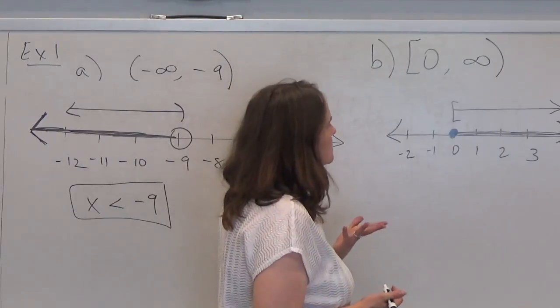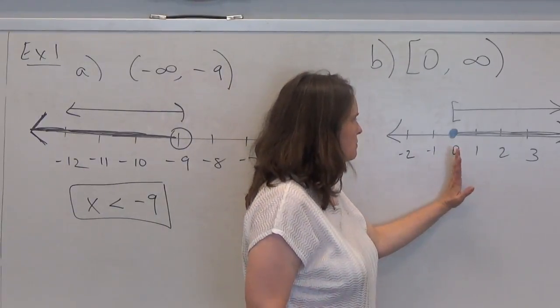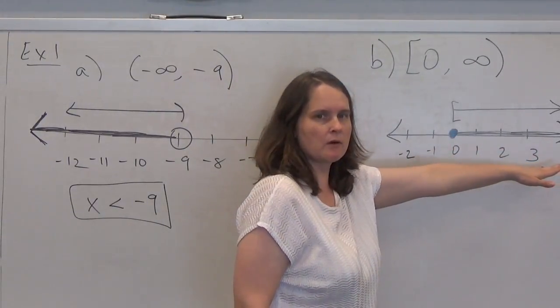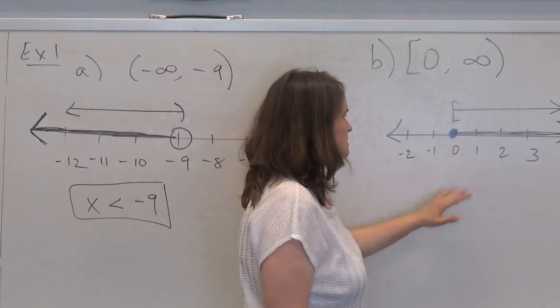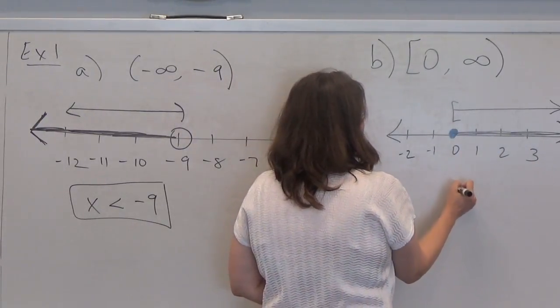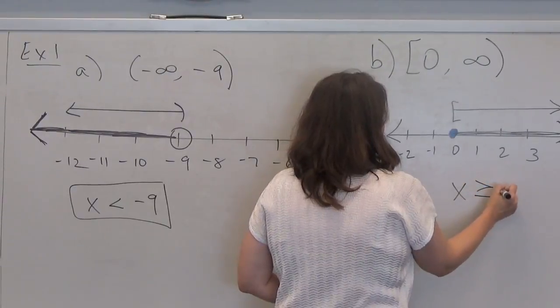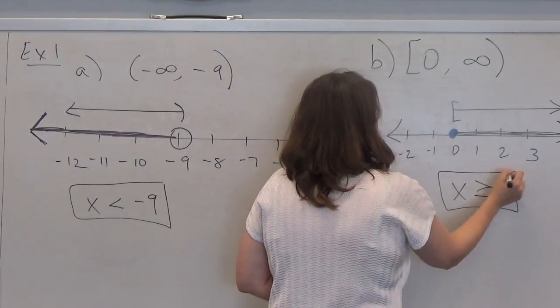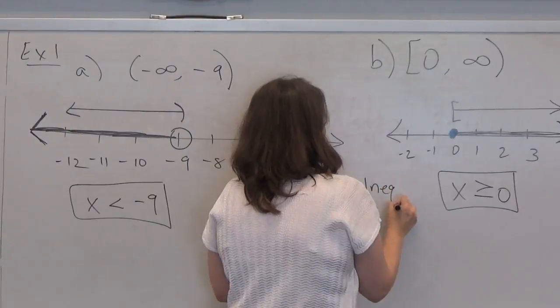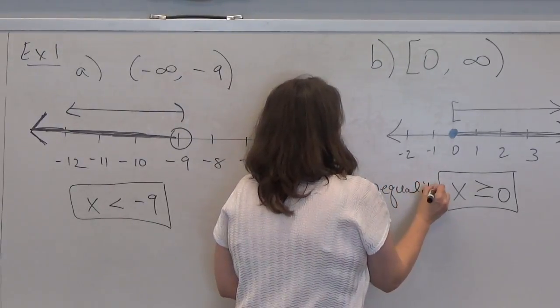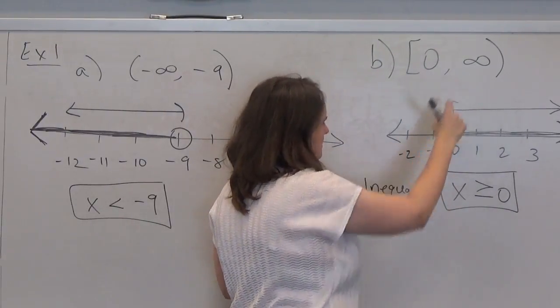So if we think of this in terms of x, we have started at 0 and we went out forever, so we want everything that is greater than or equal to 0. So our inequality would be x greater than or equal to 0. So that's the inequality for the interval notation that we see up here.